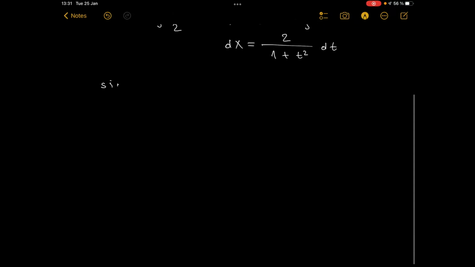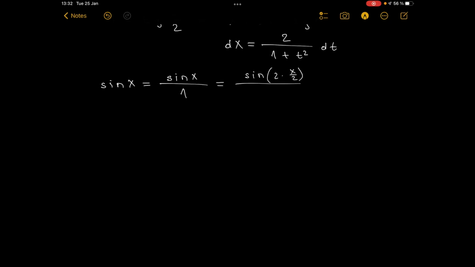So sine x is equal to sine x over 1, which is the same as sine of 2 times x over 2 over 1.